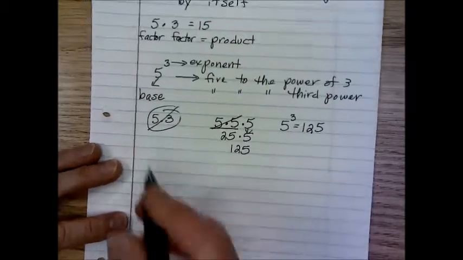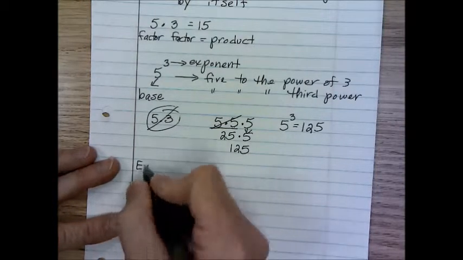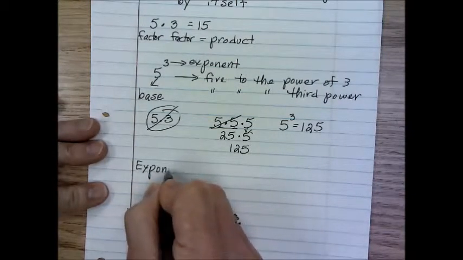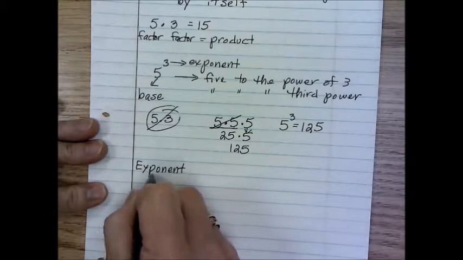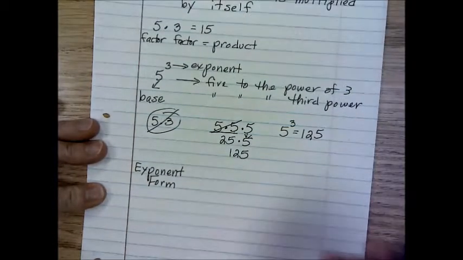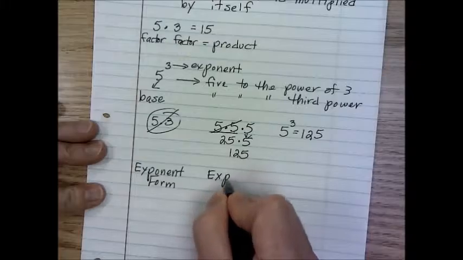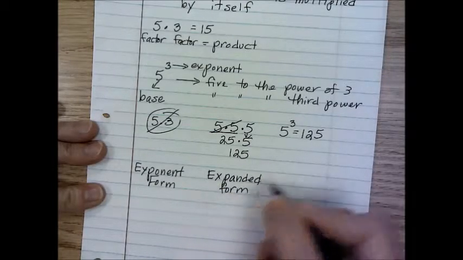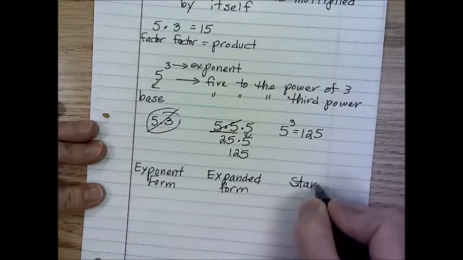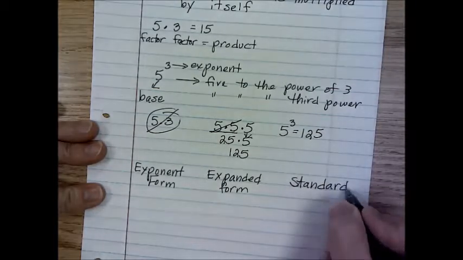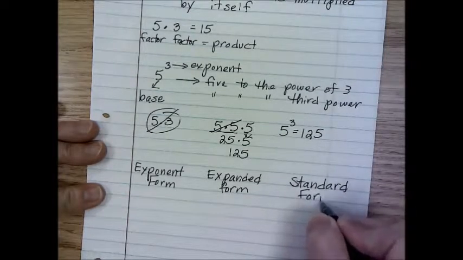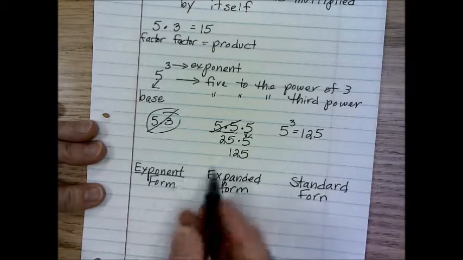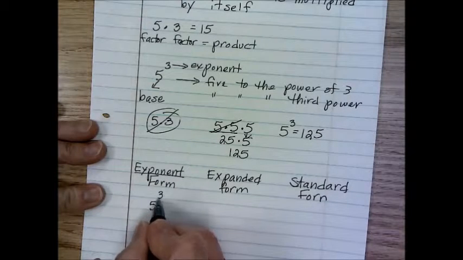Now, we have some more vocabulary, and you want to be familiar with this. We can write these numbers in exponent form, expanded form, and standard form. Just like the word exponent, it's going to have the exponent written there.